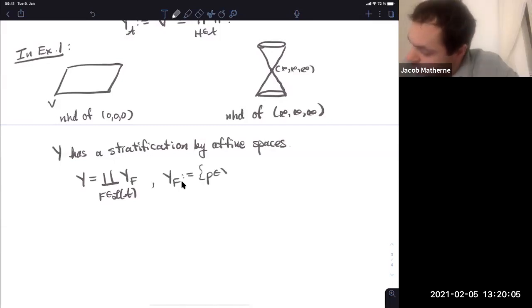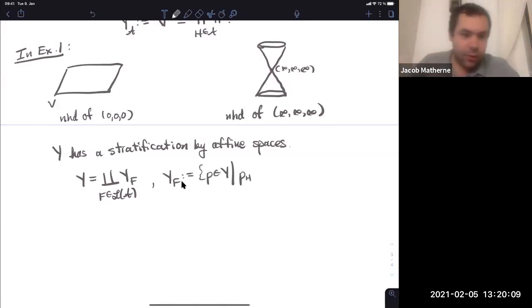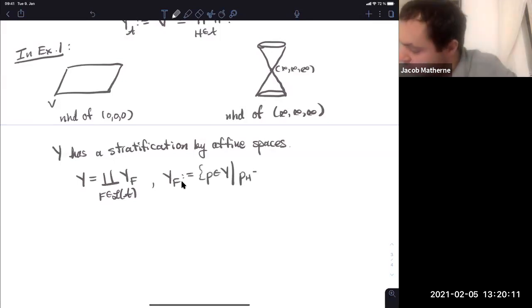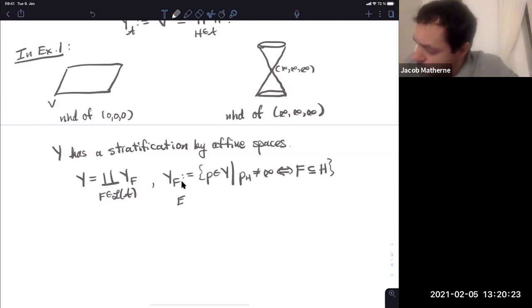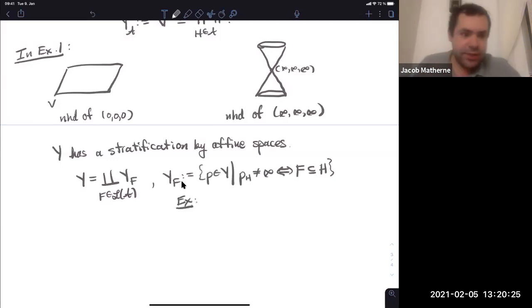It's the points such that the coordinate for the hyperplane H is not infinity if and only if the flat that's labeling this stratum is contained inside of this hyperplane. Okay, so let me give you the two extreme examples.